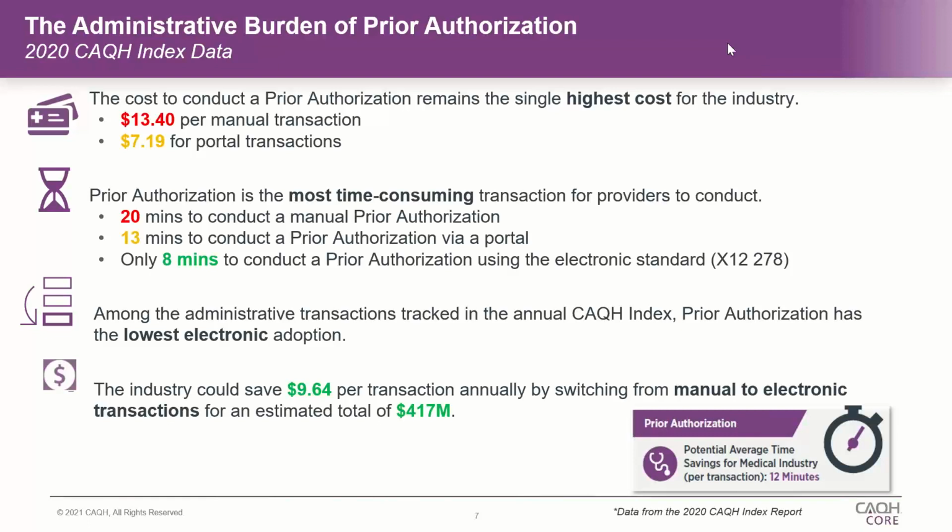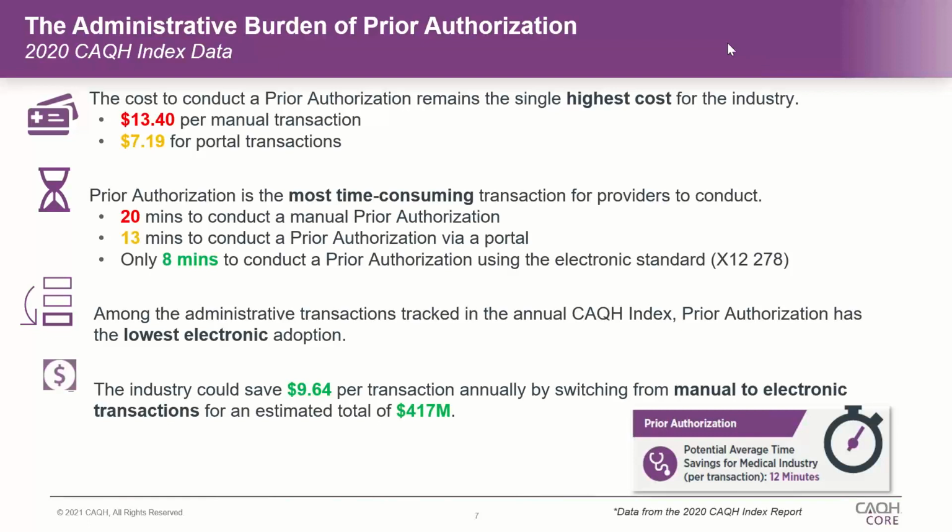Now, if we look at the administrative burden associated with time to conduct a prior auth, we found that providers spend on average 20 minutes conducting a prior authorization manually, either through the phone or fax or mail, compared to 8 minutes when using the HIPAA standard.